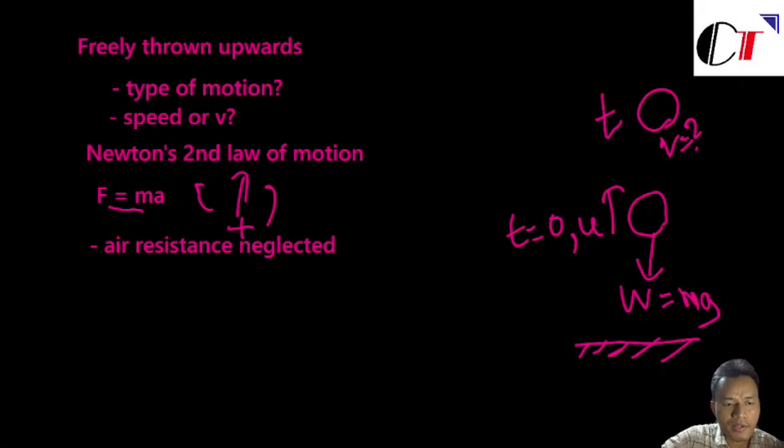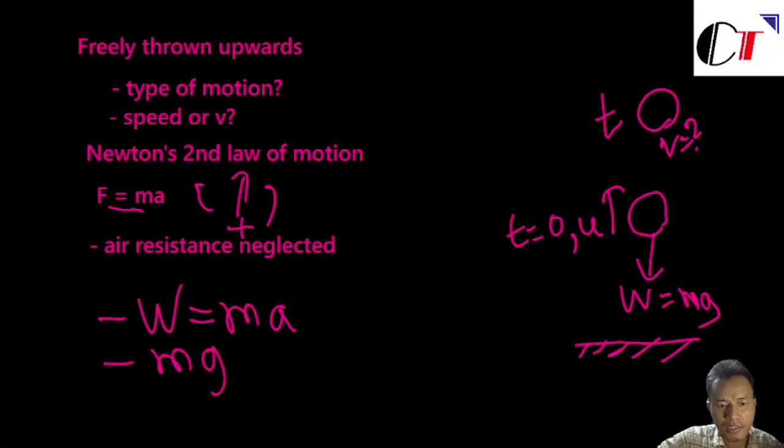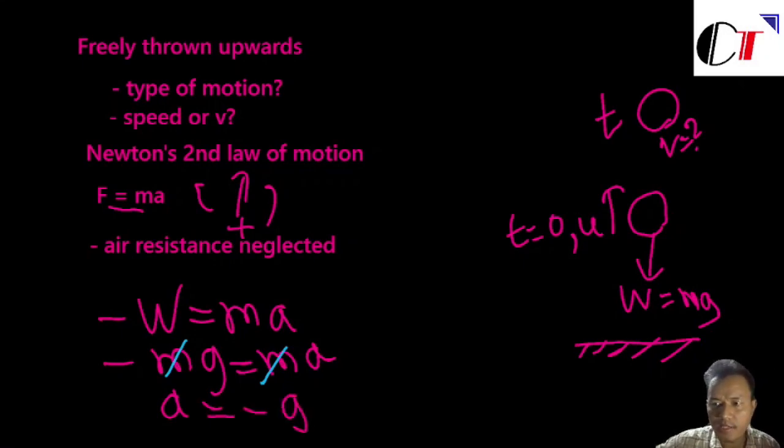So in place of F, since the weight is vertically downward, we substitute minus W equals mass times acceleration, and then W is mg, so minus mg equals ma. Now the mass appears on both sides of the equation, so the mass will cancel out, and you will finally get the acceleration is just minus g.